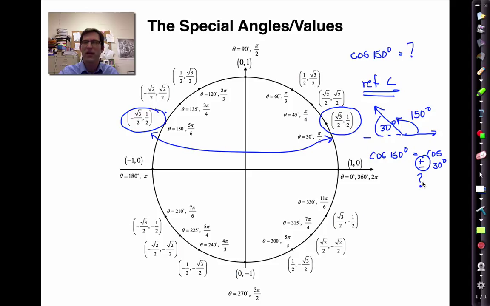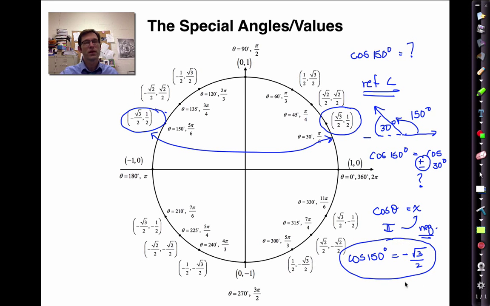So how do I figure it out? Well, cosine of an angle is the x-coordinate, and in the second quadrant, the x-coordinate is negative. So the cosine of 150 degrees must be negative. Since I know the cosine of 30 is root 3 over 2, the cosine of 150 must be negative root 3 over 2.